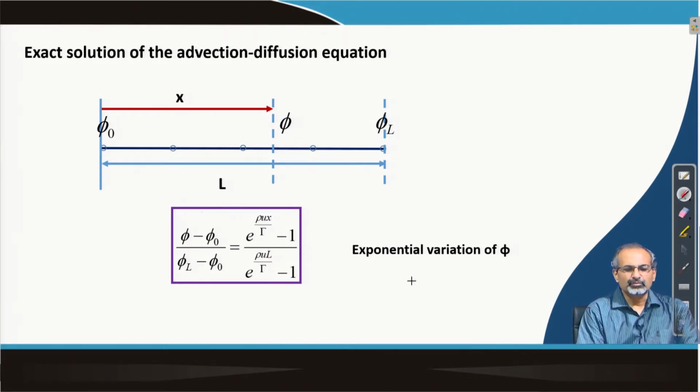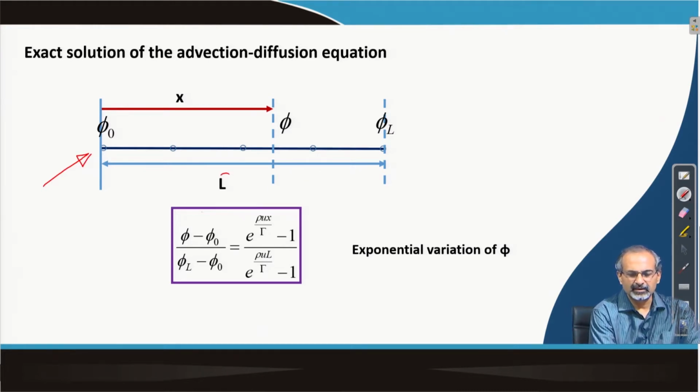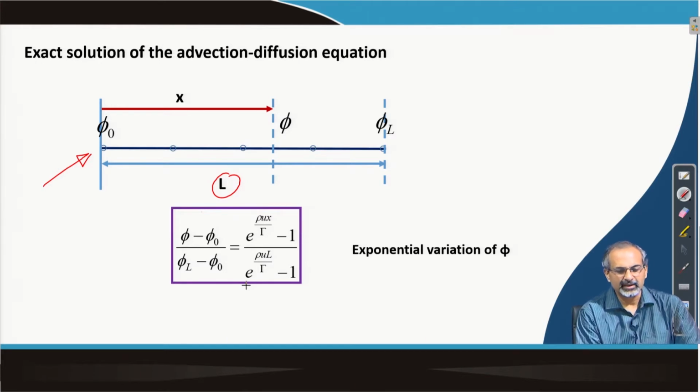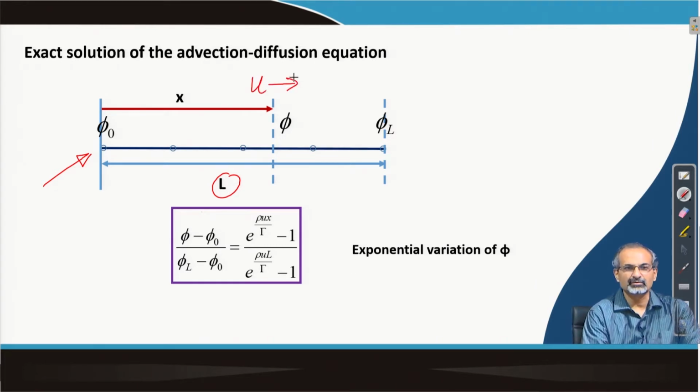Now, if you look for an exact solution of the advection-diffusion equation, you would have to define a framework like this: you have a one dimensional domain of length capital L, and a variation of the transport property phi within this domain, which would depend on the strength of the velocity, because that decides how strong or weak the advection is, and the rest of it is of course diffusion of the property phi.